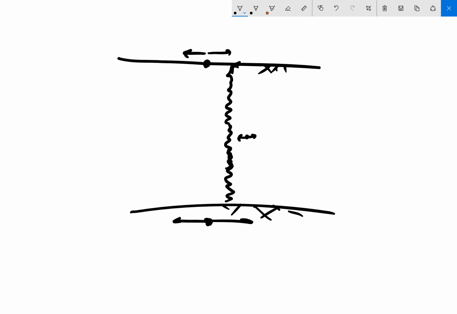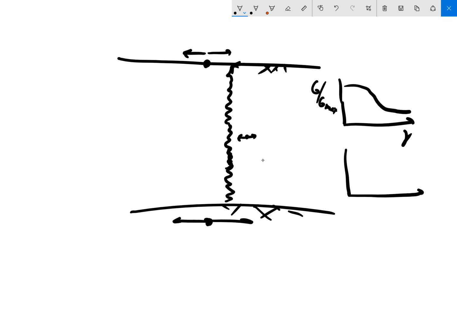And if I have small strains, then equivalent linear, if I look at my modulus reduction curves, and I look at my corresponding damping curves, if I'm dealing with really small strains in the soil, that change in shear modulus and this change in damping, it's going to be really small.